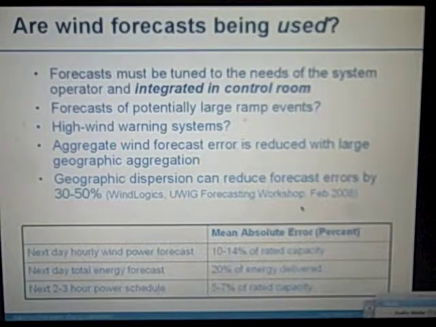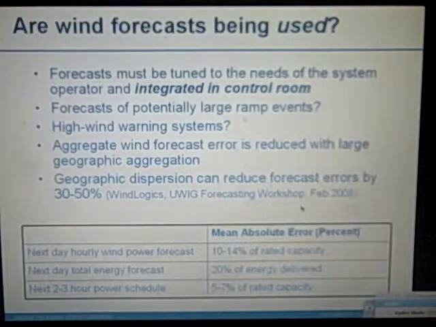The other thing is that as the variability of wind is damped over larger geographic footprints, so are the forecast errors. And according to WindLogix, a recent presentation, I guess about a year ago, the geographic dispersion can reduce forecast errors anywhere from 30 to 50%.